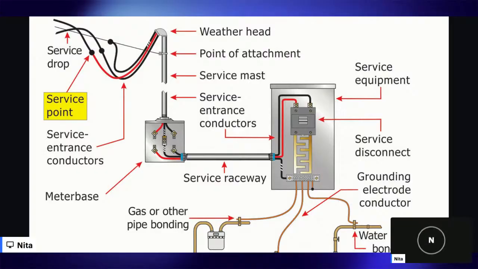The transformer is going to step down the high voltage electricity coming from the power plant to our residential voltage levels, which would be what? 240. 120, 240. Remember, our service is a 120/240 volt single phase service.